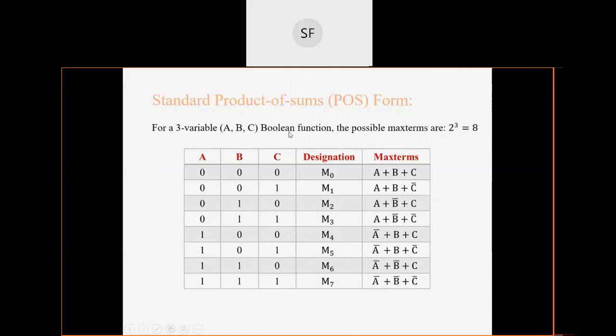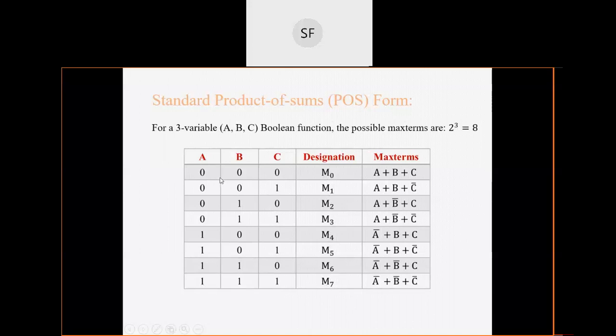Okay, so now these are again the same representation like we have already seen, a b c three variables, and we have given all the combinations in terms of zeros and ones, and we have found out the total 8 combinations can be given. So these 8 combinations, you can remember it like 0 1 2 3 4 5 6 7, and if you observe, these codes are nothing but the binary equivalent of these decimal numbers. Okay, so you can remember it likewise.